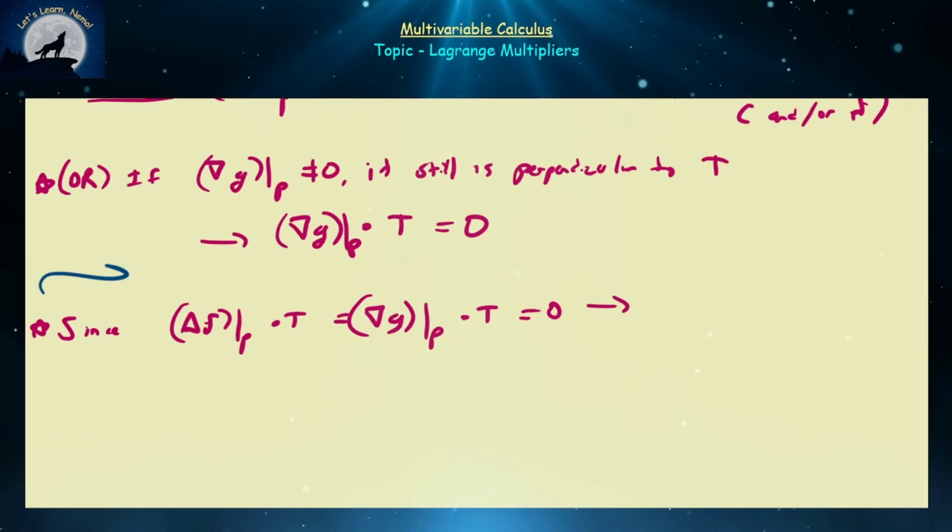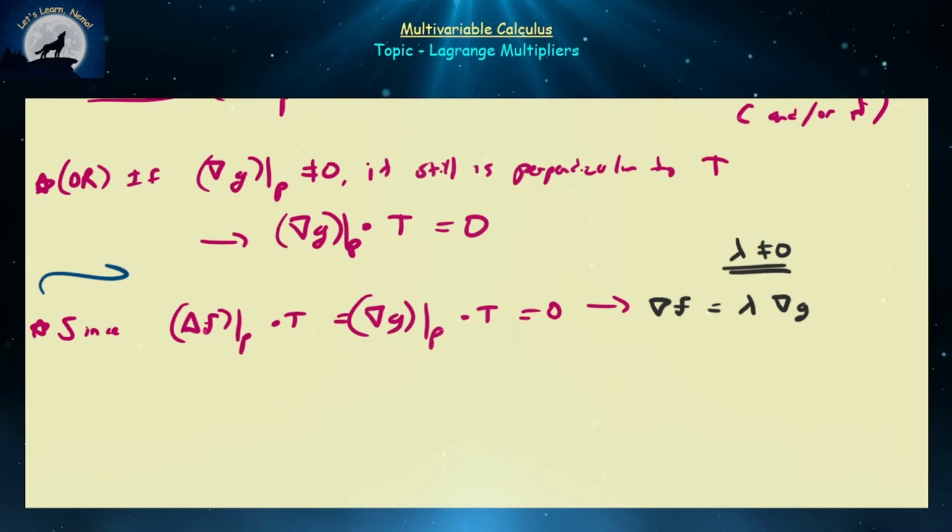That means their gradients are scalar multiples of each other. So you can say that the gradient of f is equal to a scalar multiple lambda of the gradient of g. And here lambda is assumed to be non-zero, right? Because if it were 0, then gradient f, gradient g could be literally anything.